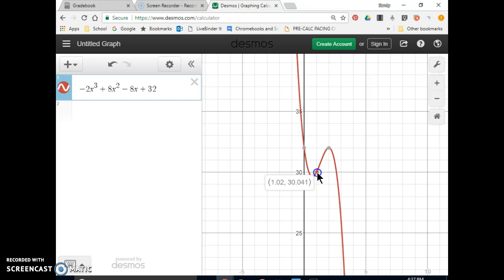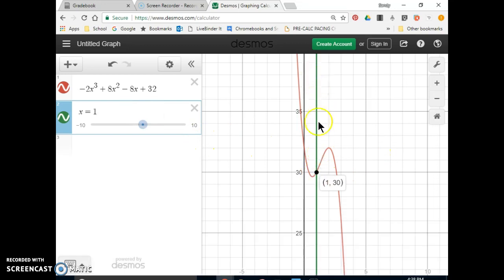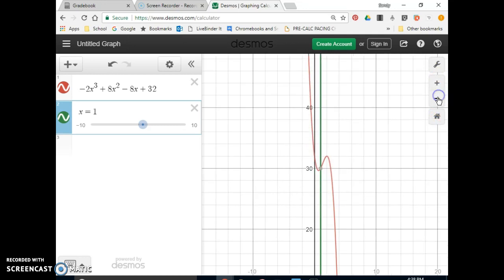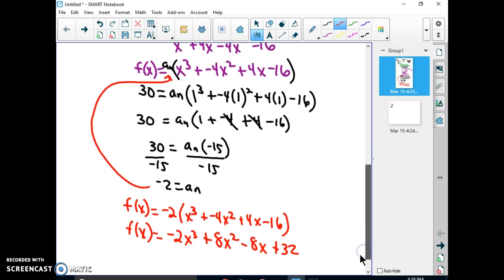So if I want to get to exactly 1, the best way to do it is just to type in a vertical line, which tells me that's what x equals 1 is. And then I can look at where my vertical line and my cubic function intersect, and they intersect at the point (1, 30). So I know that I have my right function. So my correct function here is negative 2x cubed plus 8x squared minus 8x plus 32.